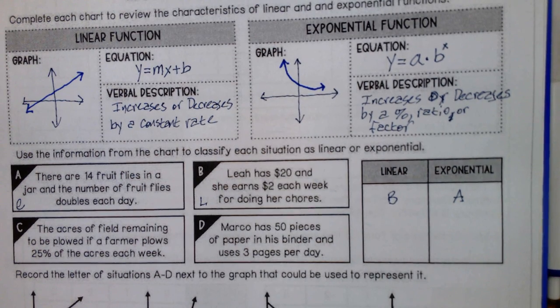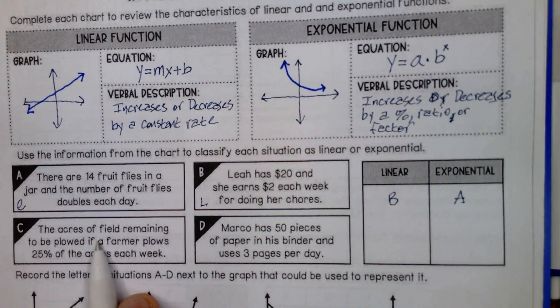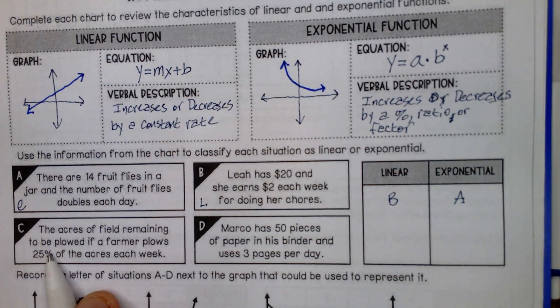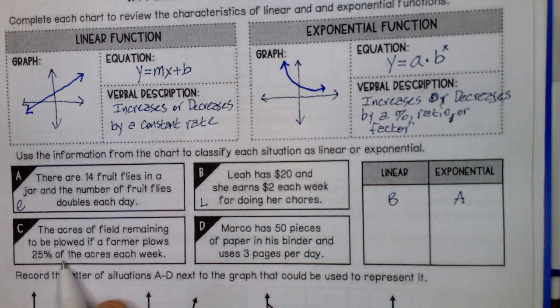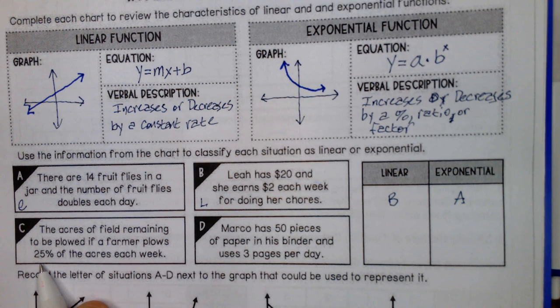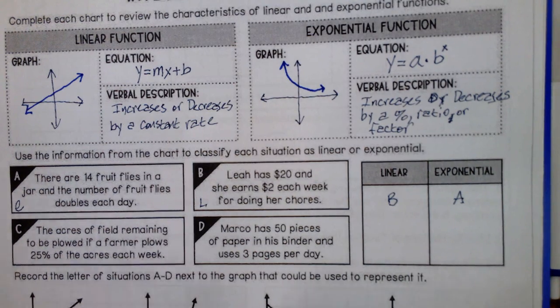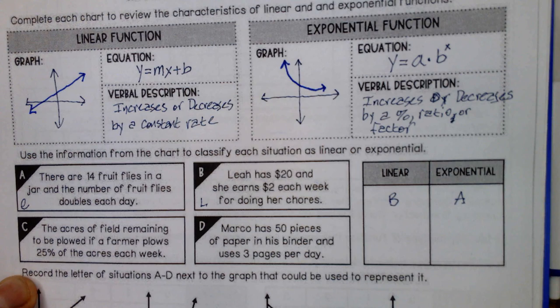Okay. C. The acres of field remaining to be plowed if a farmer plows 25% of the acres each week. What do you think? Well, yeah, yeah, yeah. We got a percentage there. That's a clear giveaway. Usually, if we got a rate like that, written as a percent, we want to say that's exponential.